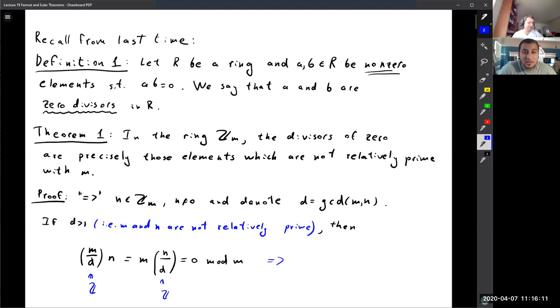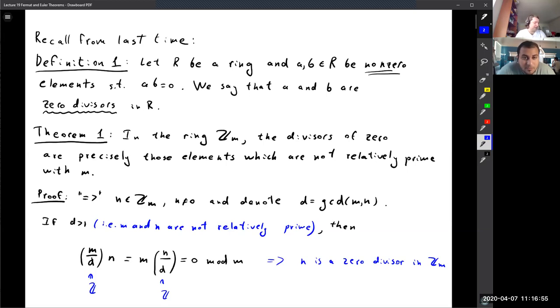Excellent, and that will be precisely one of the corollaries of this theorem, actually the first corollary. Thanks for introducing that. Just to repeat: suppose that we have n which is not coprime with m. Then what we just proved is that n is a zero divisor in Zm, because we found something which, when multiplied by n, gives you 0 in the ring.